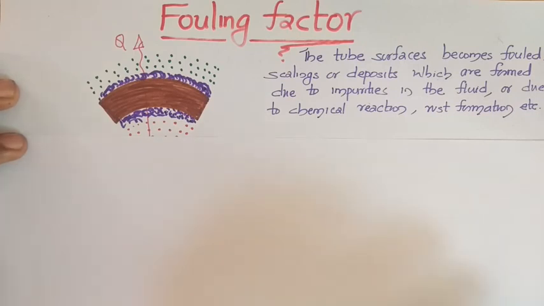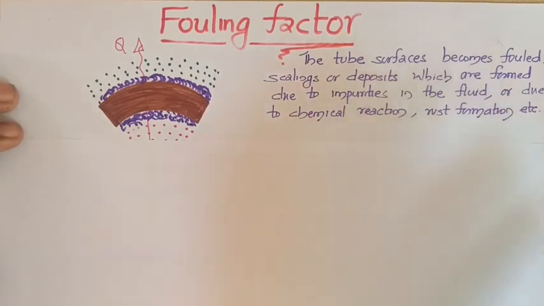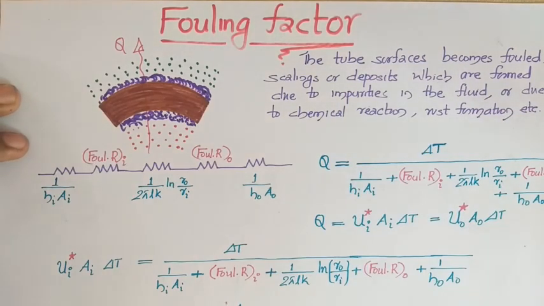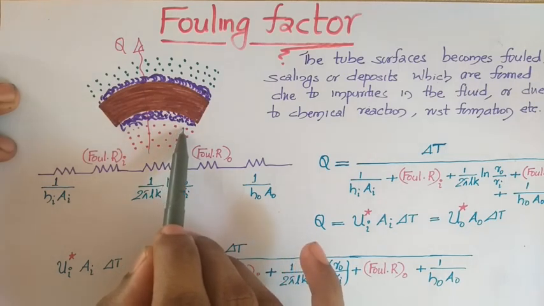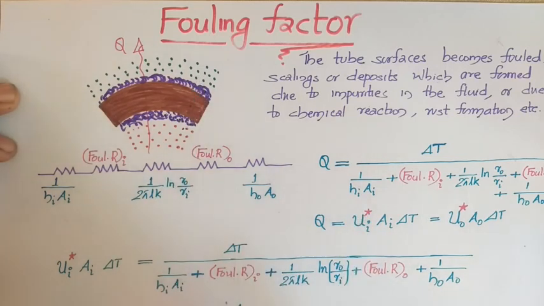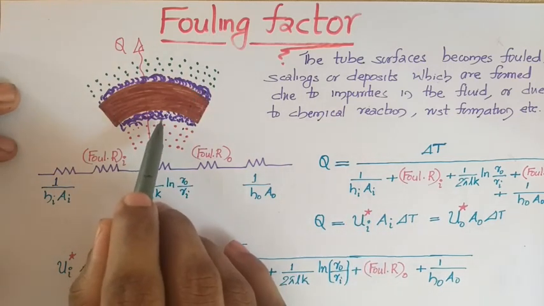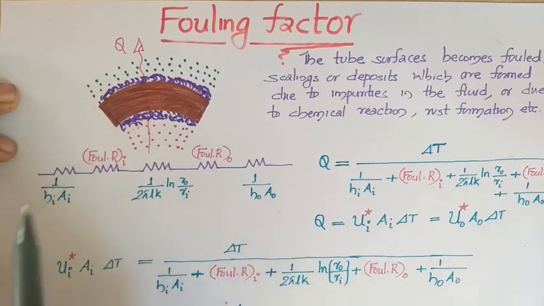So the effect of this fouling phenomenon on the heat transfer coefficient we will be seeing. In the last case we discussed the different resistances: convective resistance at the inner side, conductive resistance of the tube and convective resistance at the outer surface. But along with this, the deposits will be providing additional resistance, which we will be calling fouling resistance.